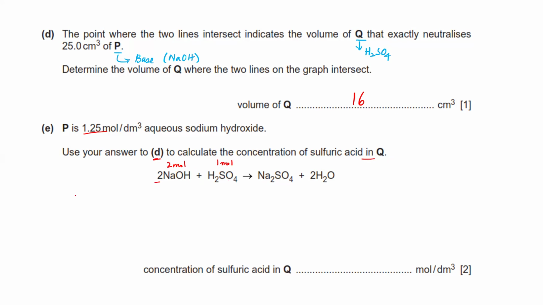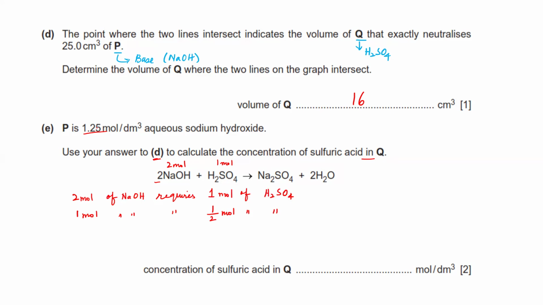So let's try to do it. 2 moles of NaOH require 1 mole of H2SO4. If we have 1 mole of sodium hydroxide, it will require 1/2 mole of H2SO4. How many moles do we have?